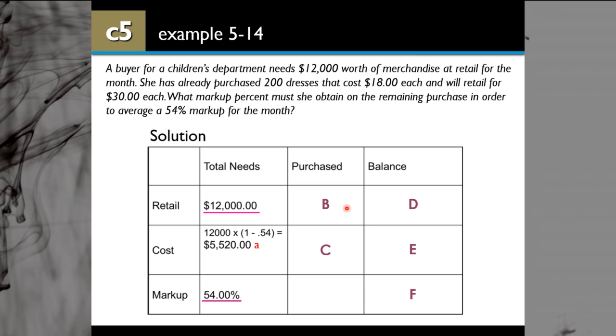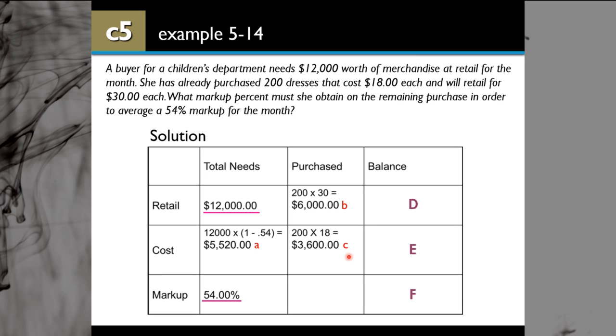For your total purchases at retail, it's going to be 200 multiplied by 30, the retail price. So you will get 6,000 as your total purchases at retail. And for the cost, same number of dresses, 200 multiplied by the cost, which is $18. So 200 multiplied by 18, you will get 3,600 as your total purchases at cost.